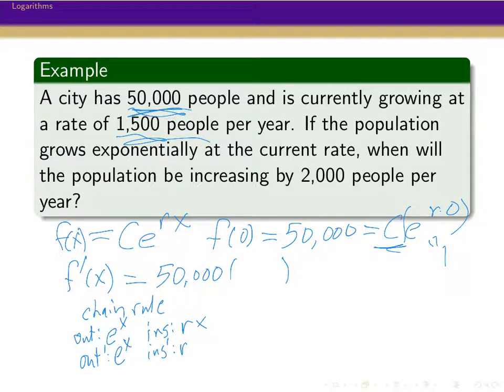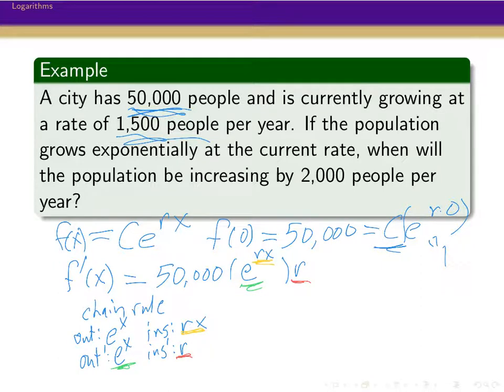So plugging this in, we get e with the inside rx plugged in, times the derivative of the inside, r. So it's the derivative of the outside with the inside plugged in, times the derivative of the inside.